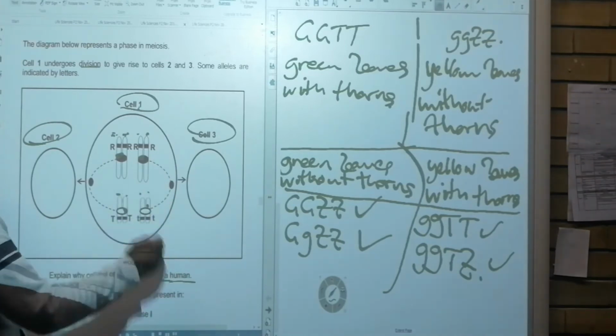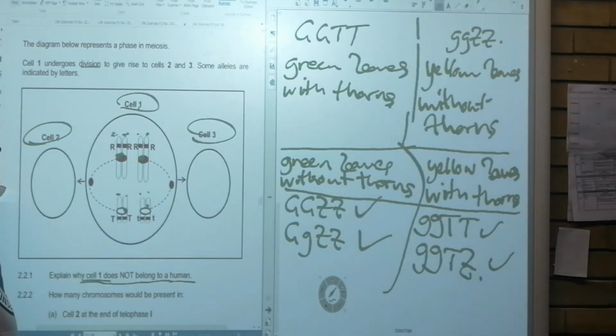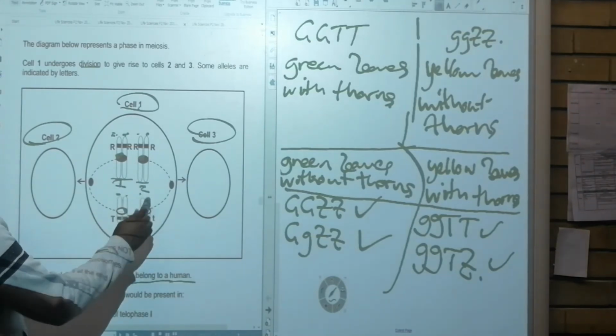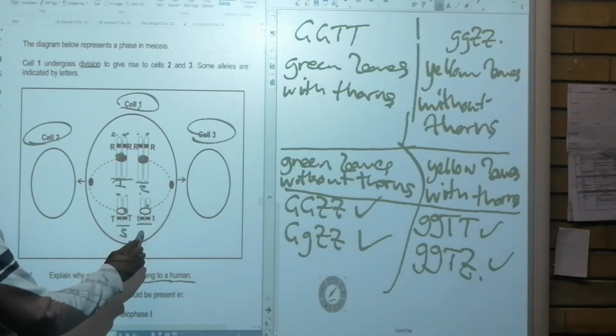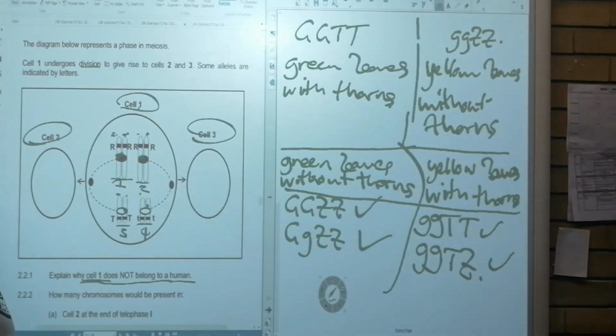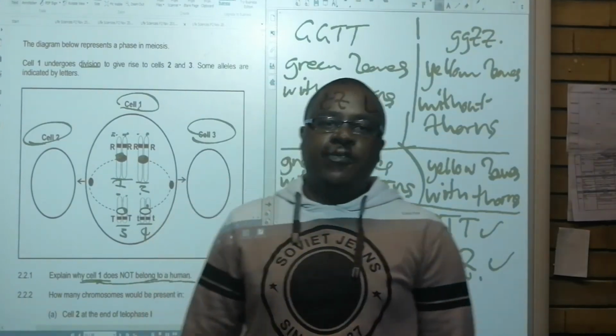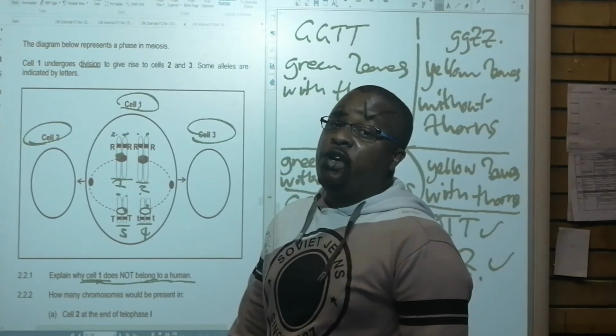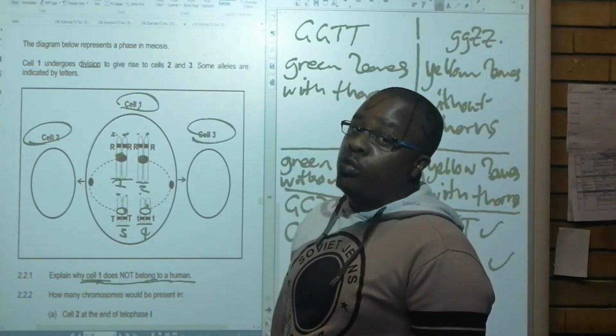Because in cell 1, how many chromosomes do you have? You have chromosome 1, chromosome 2, chromosome 3, and chromosome 4. How many chromosomes do you find in a human being? 46 chromosomes. So cell 1 does not belong to a human being because it has 4 chromosomes in its diploid state instead of having how many? 46 chromosomes.